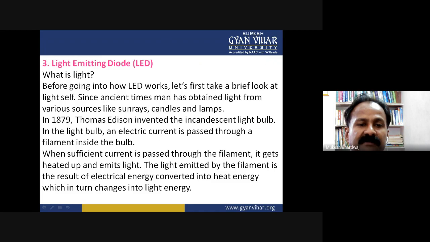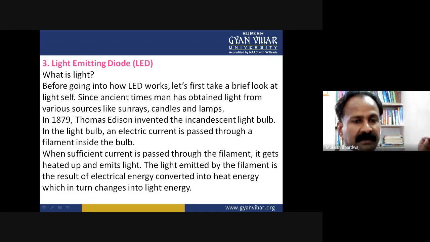Since ancient times, man has obtained light from various sources like sun rays, candles, and lamps. In 1879, Thomas Edison invented the incandescent bulb, the light bulb.